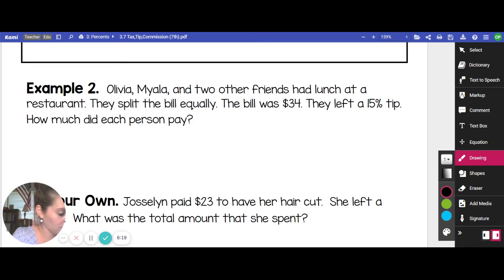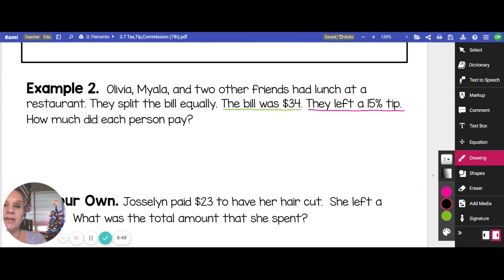Let's see how I did it on my key. So we'll find the total with the tip and then divide by 4, because that's the calculation I've got here just to check my work. So we've got that the bill was $34, and they left a 15% tip.